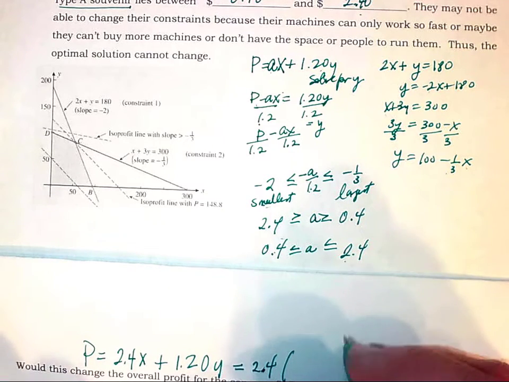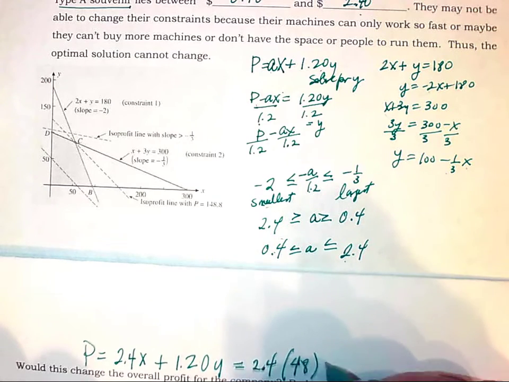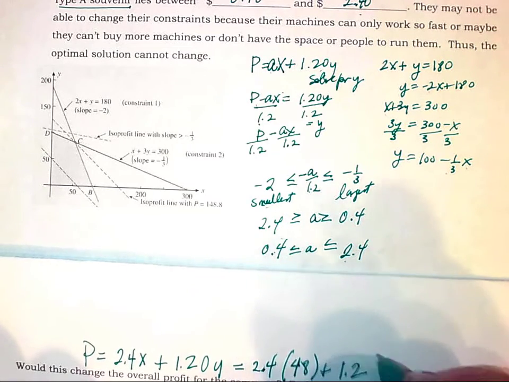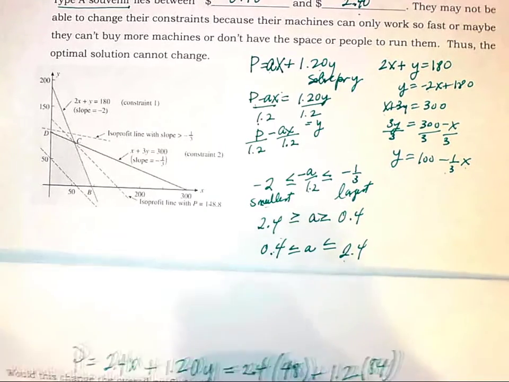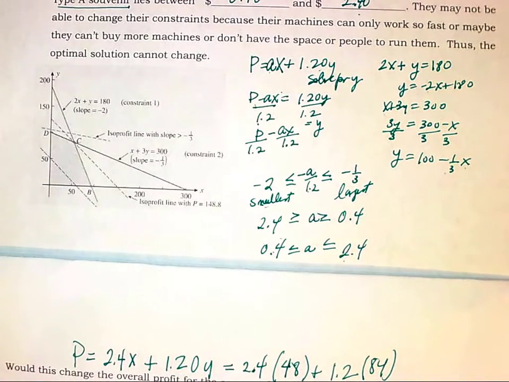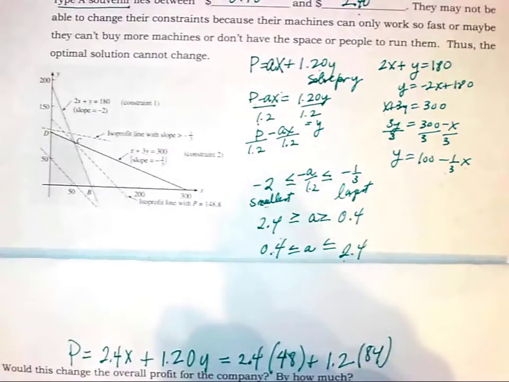We're going to keep the 48. And then if we've got 1.2, we're going to keep the 84. So this would give me a grand total of $2.16.